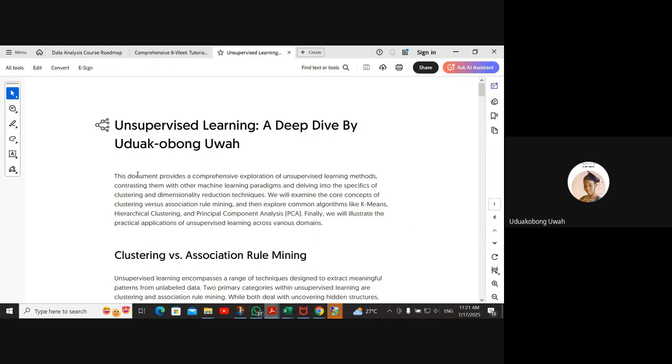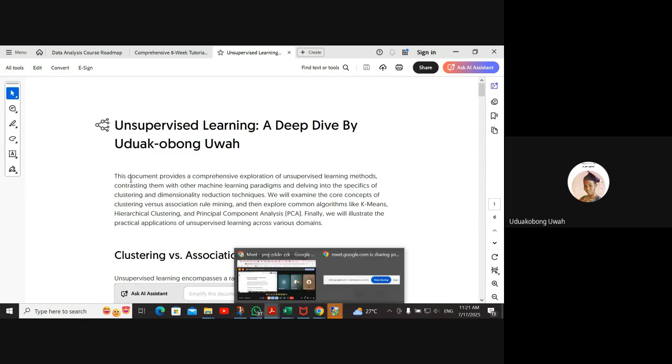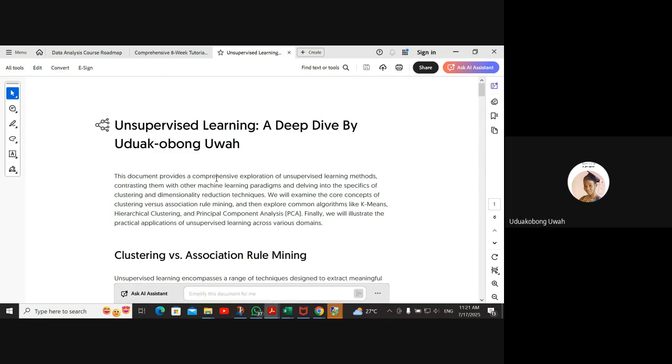But in all, let's see what the content here covers. This document provides a comprehensive exploration of unsupervised learning methods, contrasting them with other machine learning paradigms, and delving into specific clustering and dimensionality reduction techniques that I've been talking about.